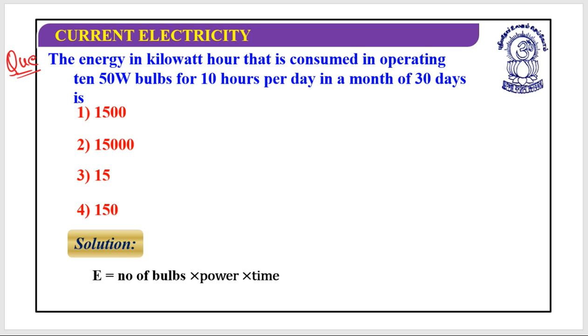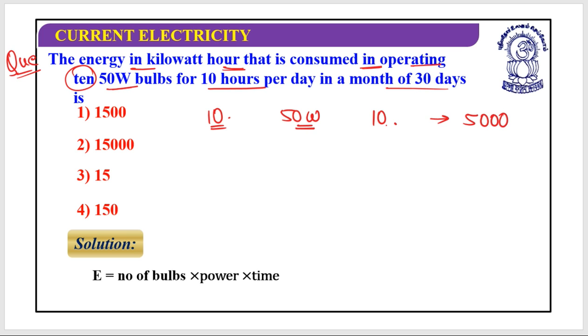What is it saying? It's the energy in kilowatt hour that is consumed in operating 10 50-watt bulbs for 10 hours per day in a month of 30 days. Again, same thing. 10 bulbs are there. Each is consuming 50 watt, and 10 hours they are going to be used. So 10 into 10, 100 into 5, this is 5000 watt into hour.